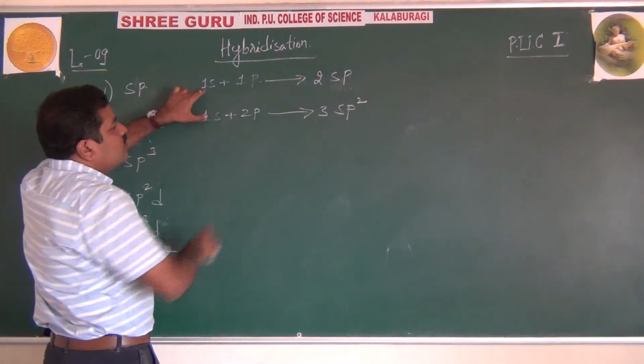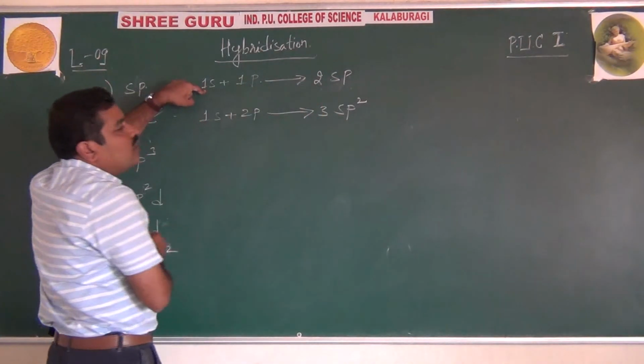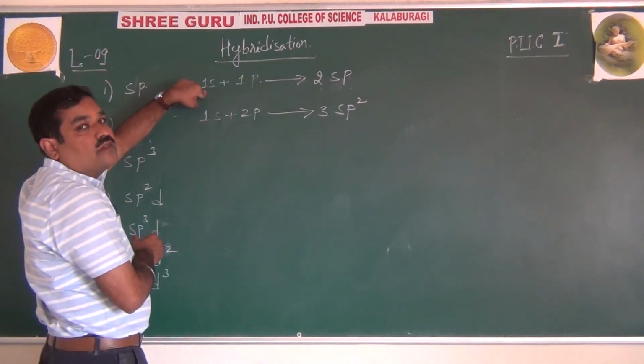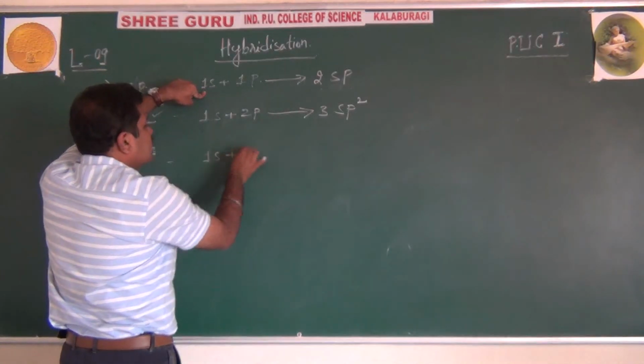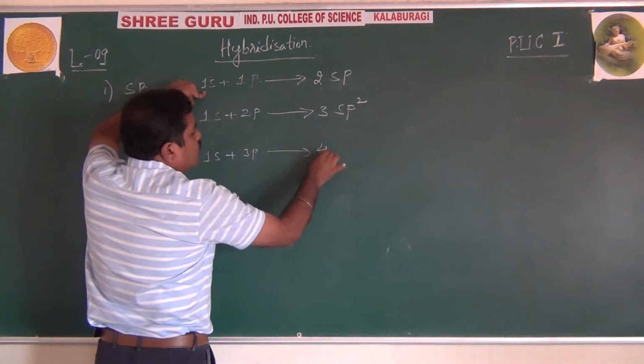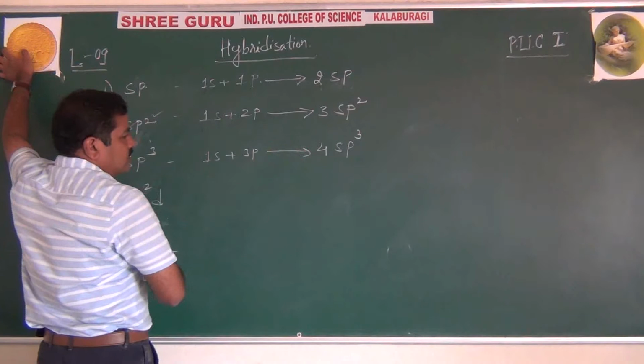That means the number of atomic orbitals undergoing combination is equal to the number of hybrid orbitals, which is a very important characteristic of hybridization. Like this here, 1s 3p gives 4 sp3 hybrid orbitals, 3p, therefore sp3, right?